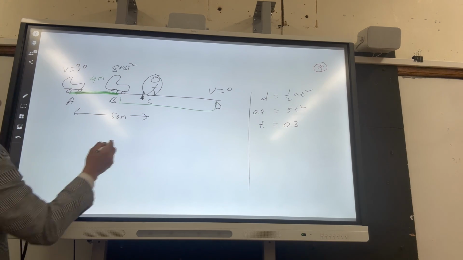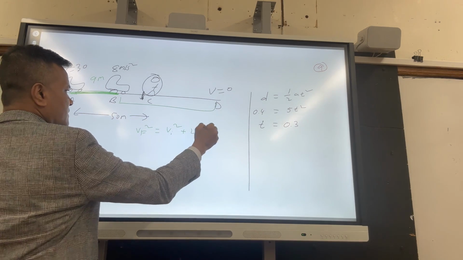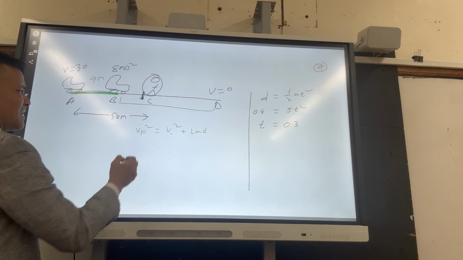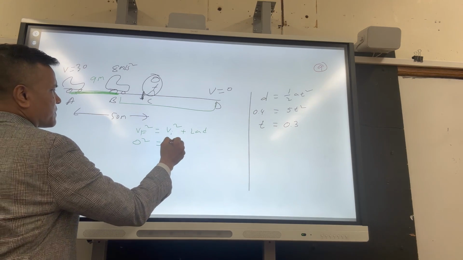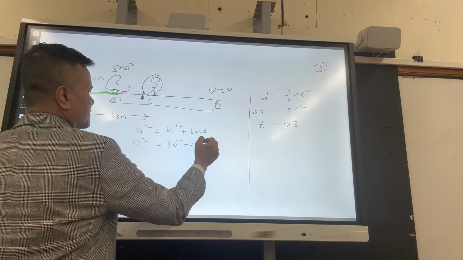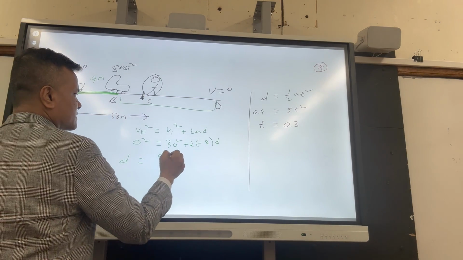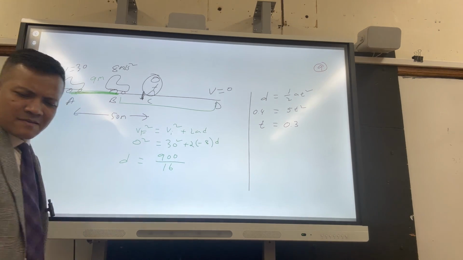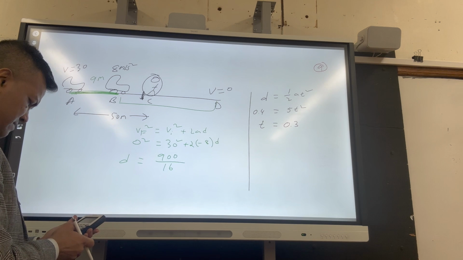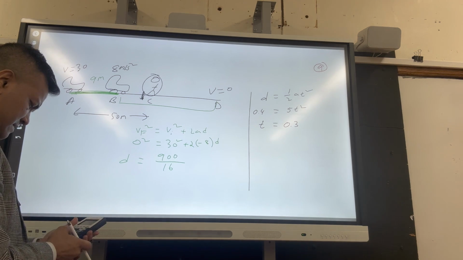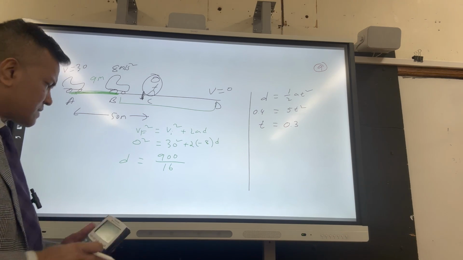Okay. So B to D is vf squared is equal to vi squared plus 2ad. So this is 0 squared is equal to vi squared, which is 30 squared, plus 2 times negative 8 d. So d is 900 divided by 16. 900 divided by 16 would be 56.